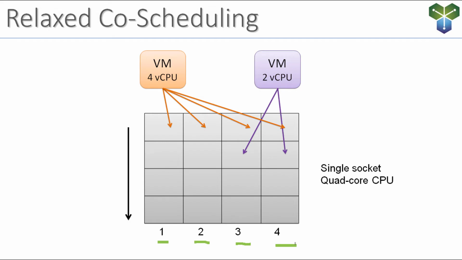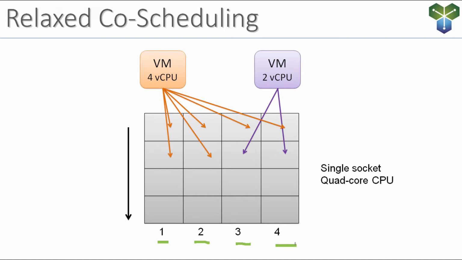So far, it's really no different. Here's where the big change comes in. Now my orange VM can say, okay, the purple VM is using 2 time slots. I can take those other 2 time slots and use them.